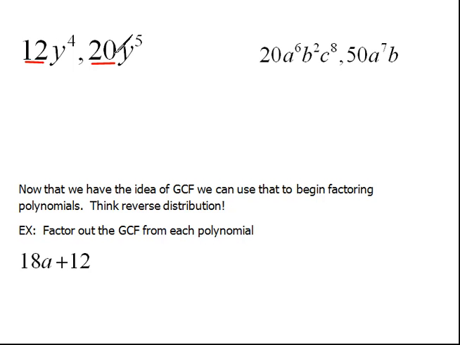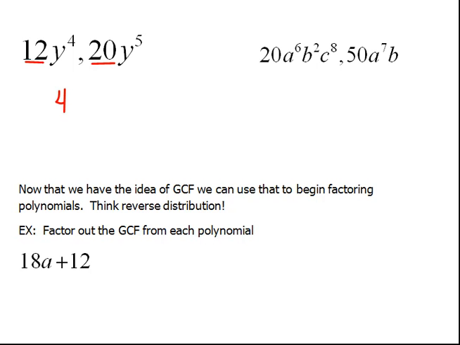So let's see, since these are both even numbers, I know that, worst comes to worst, they're both divisible by 2. But is there something larger? You have to always ask yourself that. And in this case, there is, because 4 will go into 12, and 4 also goes into 20. So our largest number that goes into both of those would be a 4.